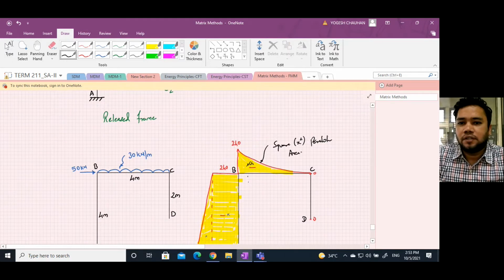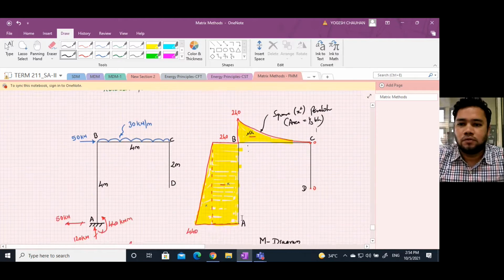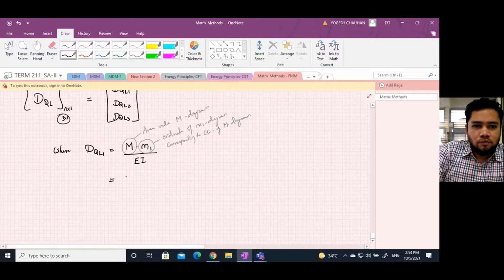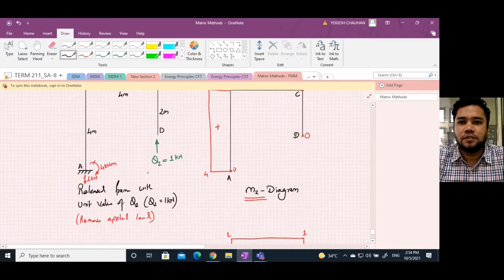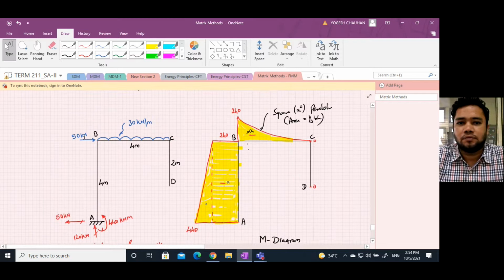Here the base is 4 meter and the height is 240.